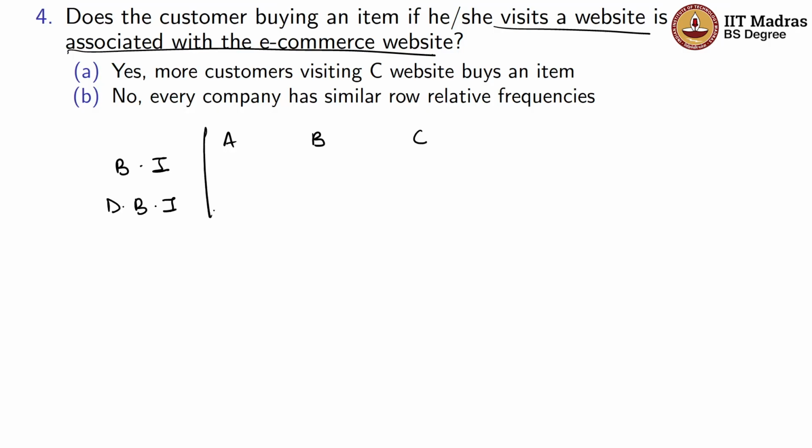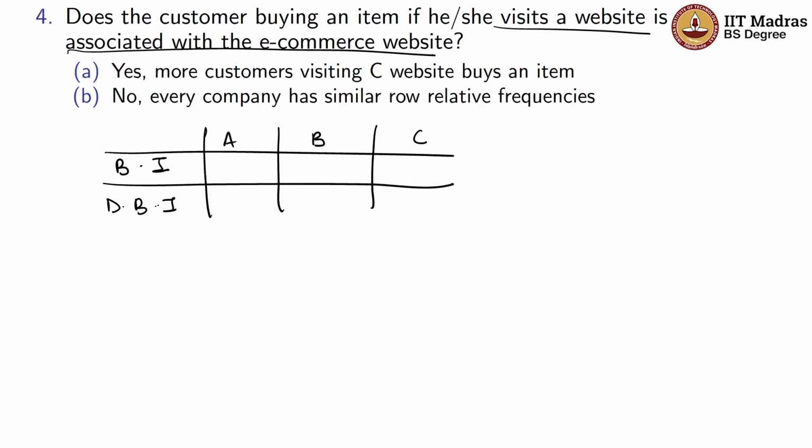These are the website A, B and C, and this is bought item and this is did not buy an item. So how will we calculate the row frequency? We will calculate the frequency of this box divided by the total frequency, the total that we have been given here, which is 6500 divided by 6500.